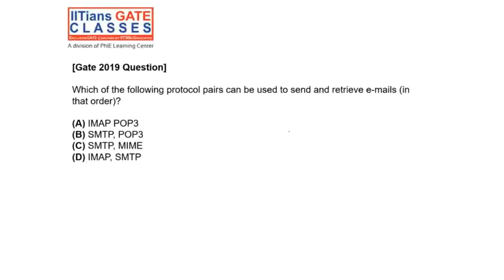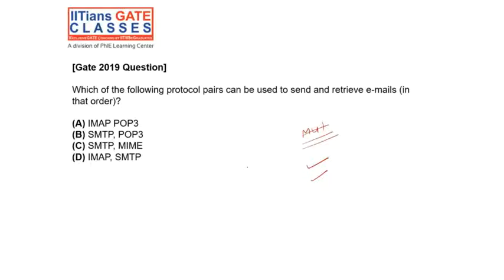In a multiple select question, you need to select this one: SMTP with POP3 and SMTP with IMAP also, right? That is also valid. Now, the main thing: why are we using IMAP? Just for security purposes. We have to scan for viruses, otherwise we can't download. So normally in our life we use IMAP only.